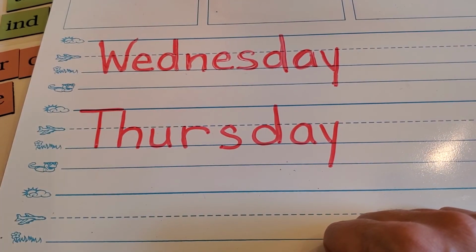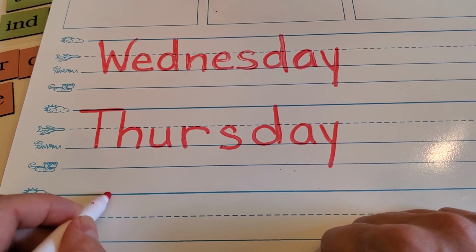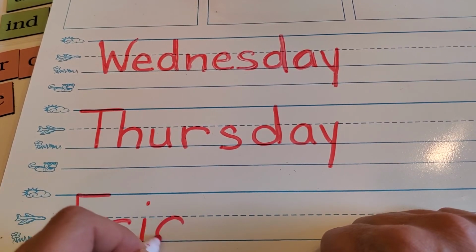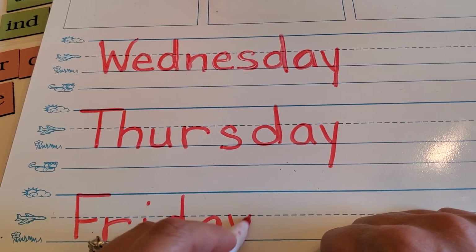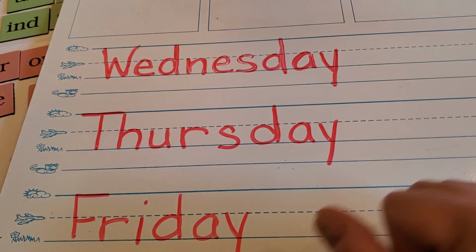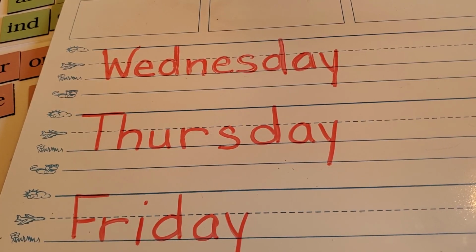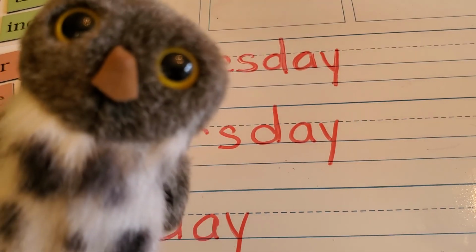Thursday. Okay? And now let's write Friday in the air. Capital F-R-I-D-A-Y. Okay? Now when I turn this off, you can practice writing those 3 days of the week in the air again. Okay? Have a good day, everybody.